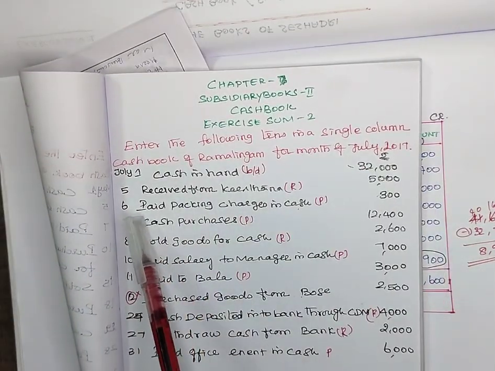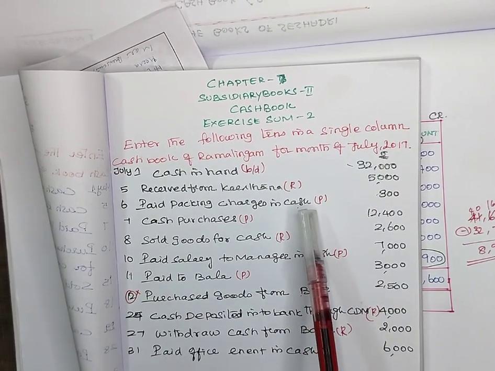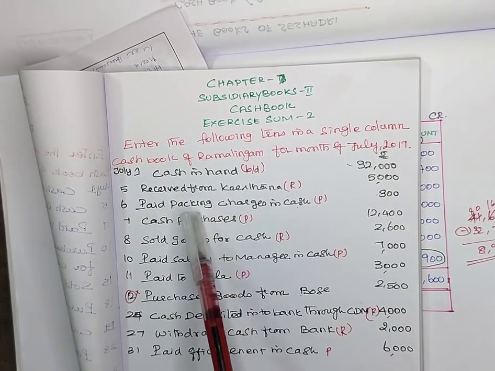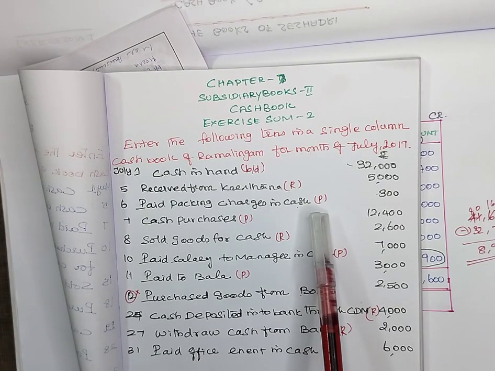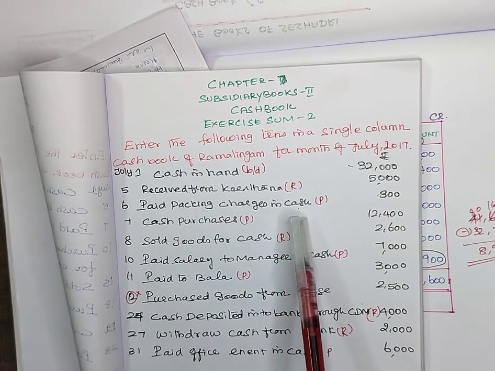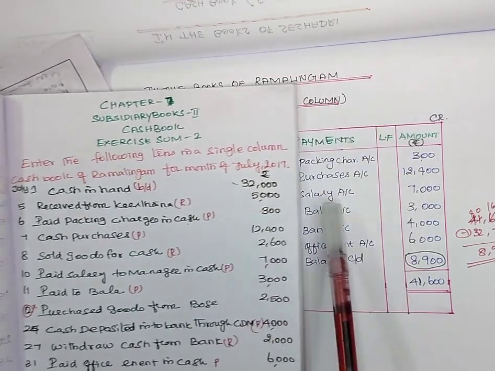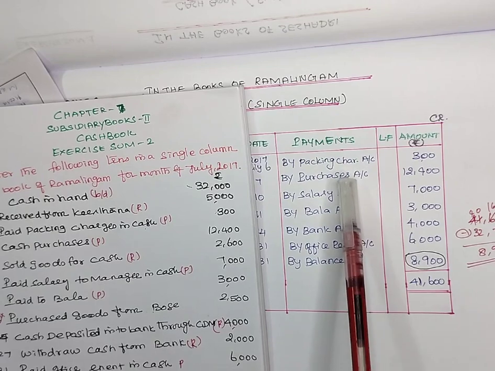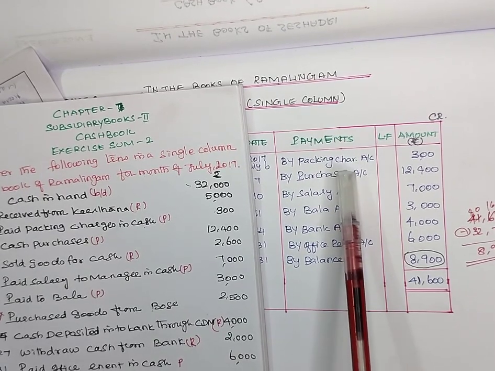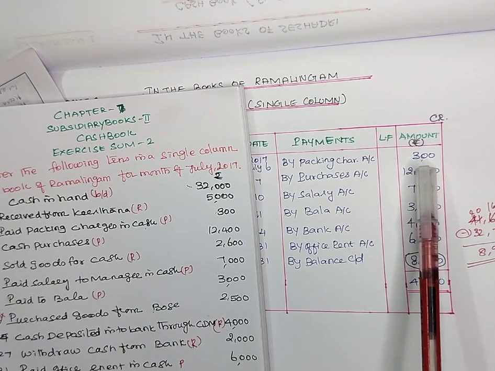In another way, what is the journal entry? Paid means expenses, cash goes out. So packing charges account debtor to cash account. Cash account shows on the credit side, so we go to the credit side. The opposite account from the cash account is packing charges account. So July 6, by packing charges account 300 rupees.